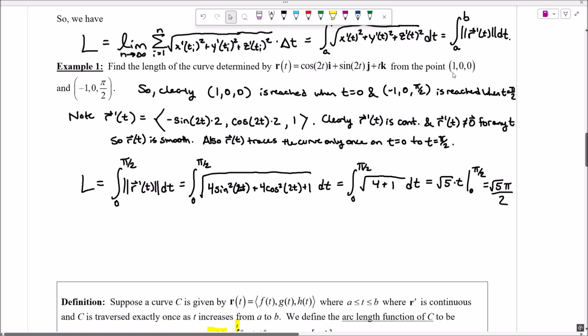And that was when I went from (1, 0, 0) all the way to, there it is, the point (-1, 0, pi over 2). So of course, since I originally was moving this length to go from the first point to the second, when I ask the arc length parameterization to start here and move this distance, I should land at the exact same point. There's no surprise there whatsoever.